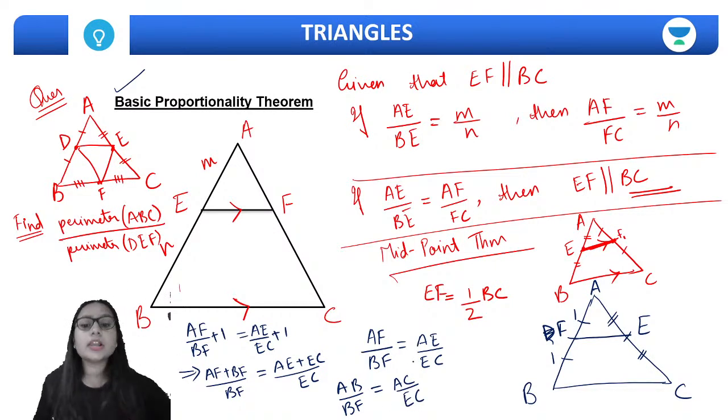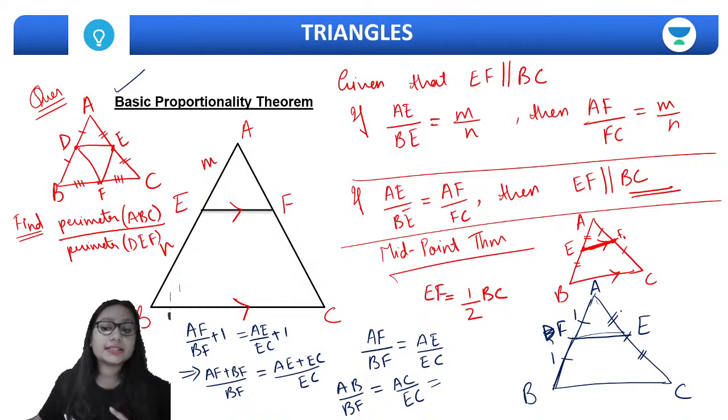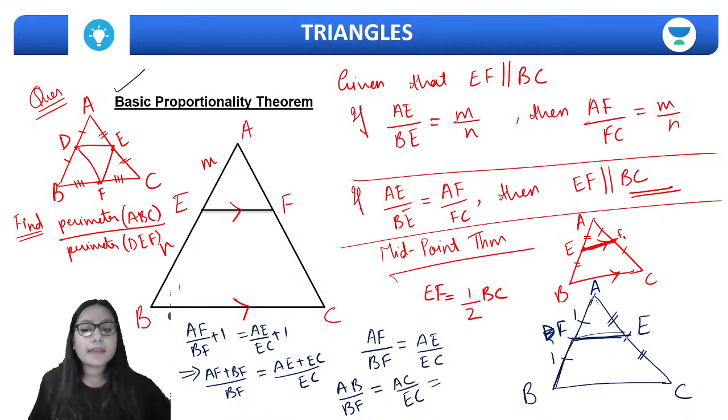Similarly, the smaller segment upon the entire side are equal. Since triangle AFE would be similar to triangle ABC, I can have FE is half of BC.